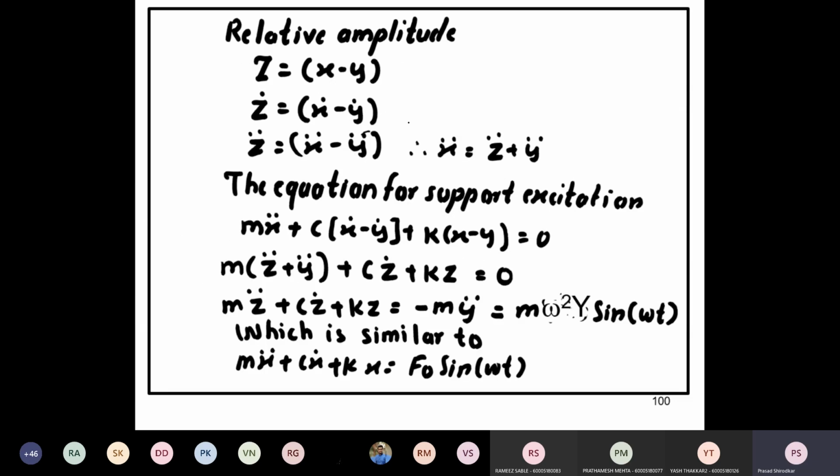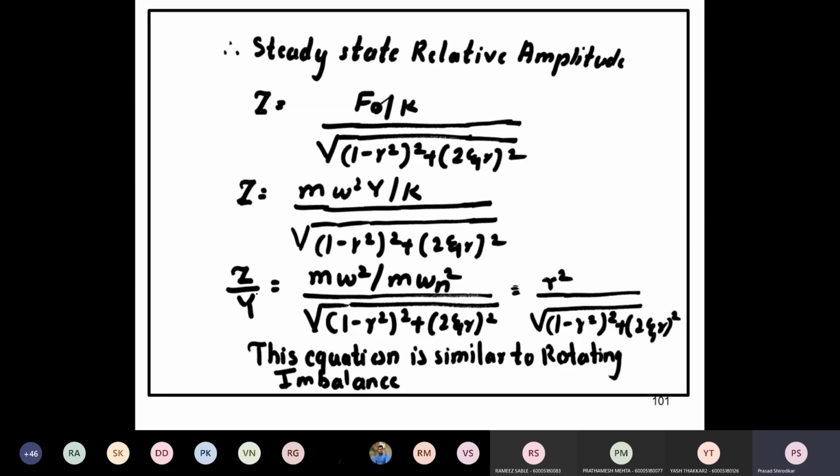And now, instead of defining in terms of absolute amplitude, we defined it in terms of relative amplitude. So z was x minus y, so z dot is the relative velocity and z double dot is the relative acceleration. We substituted that and did all the mathematical manipulations, and we got the ratio Z by Y for the steady state relative amplitude.